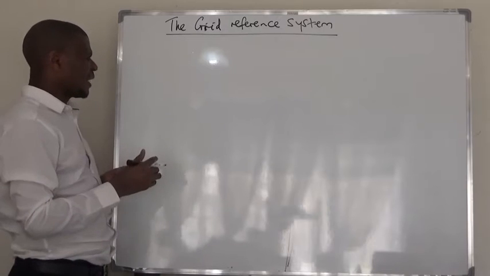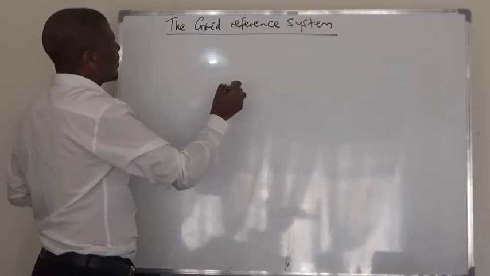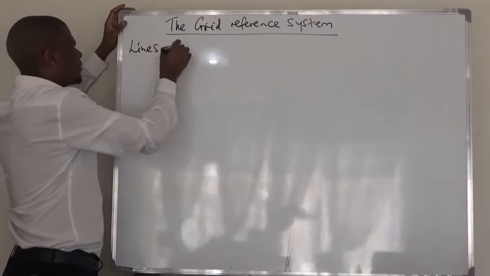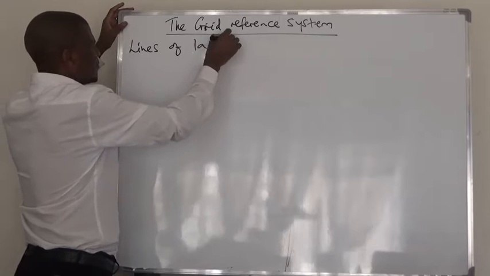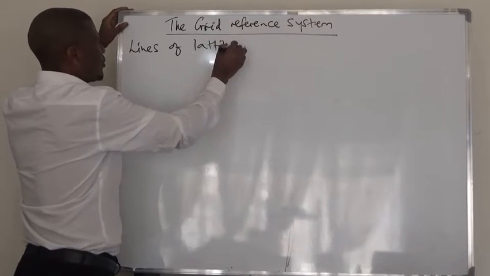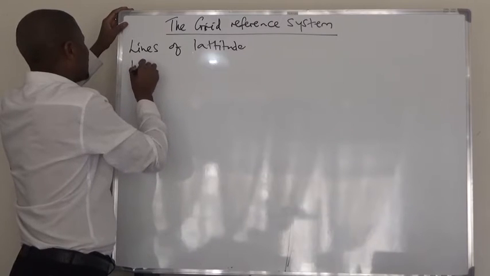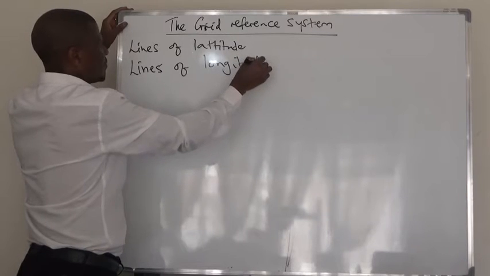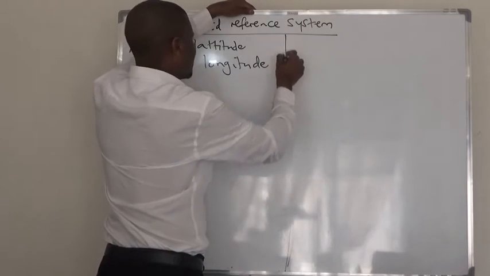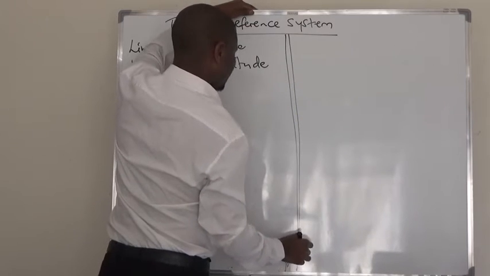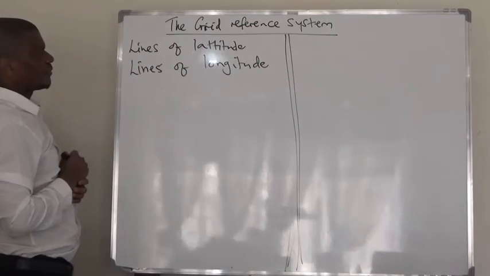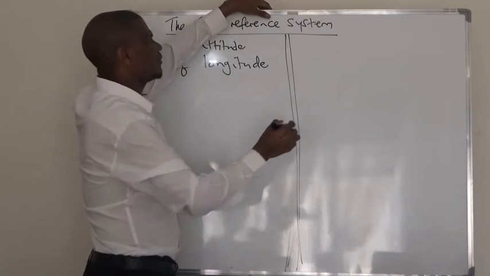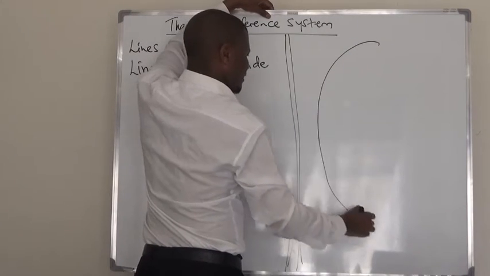So they came up with a system where they developed lines of latitude, as well as lines of longitude. Now, how does this work? Based there at the observatory in Greenwich, they had something like this.